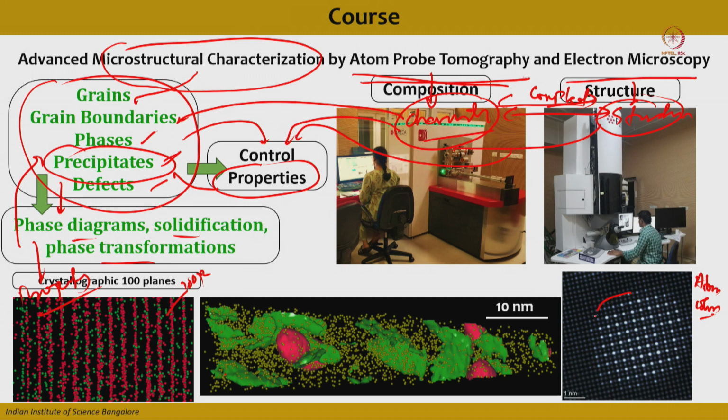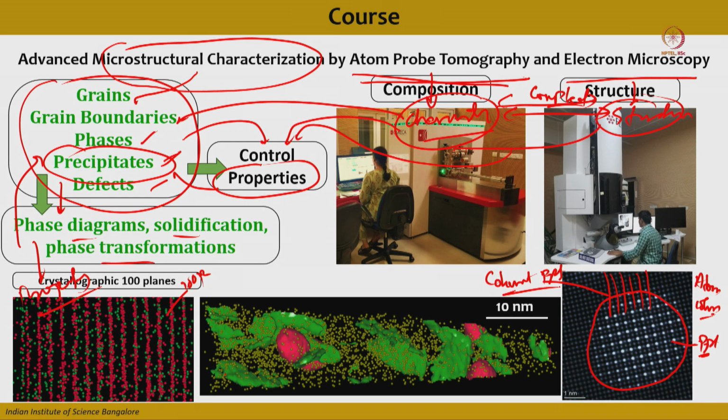And this particular region which I am enclosing is one kind of precipitate. Okay, and if you see these lattice planes, these are actually continuous, fine. This means these continuous planes are directly related to what we call coherent precipitates.